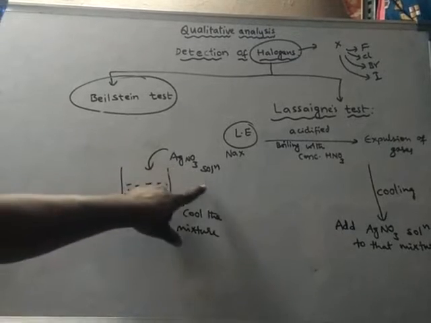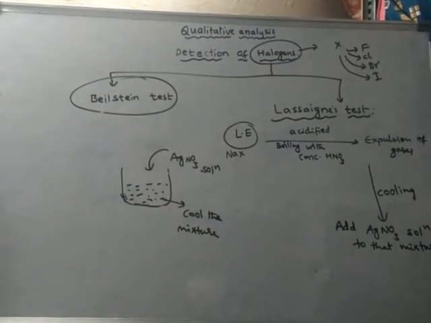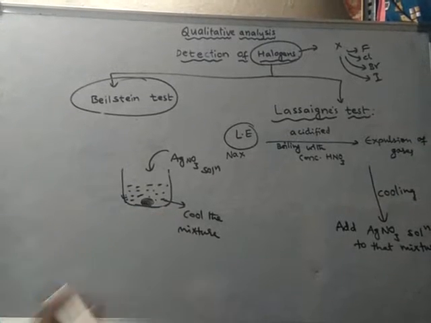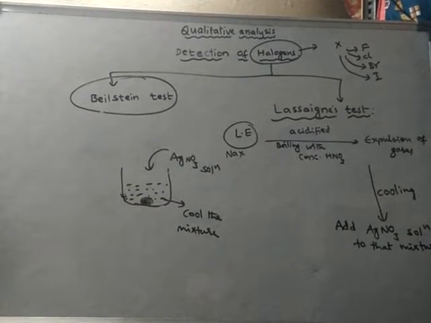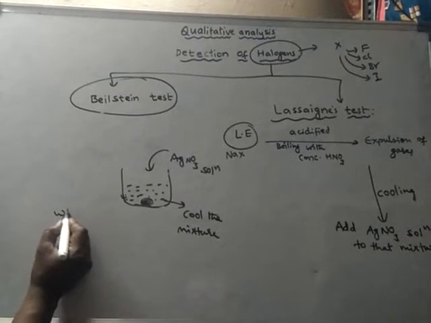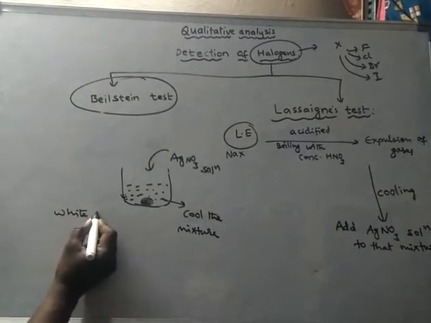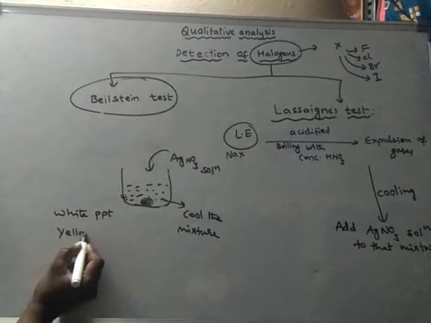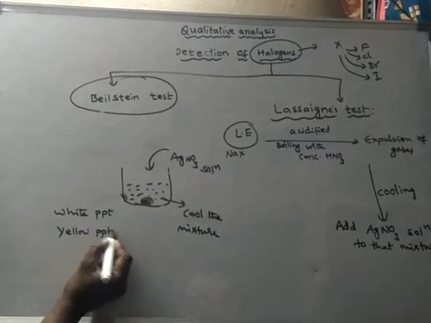Upon addition of silver nitrate solution to this mixture, you will find the formation of some precipitate. Mainly a white precipitate or a yellow precipitate will form.